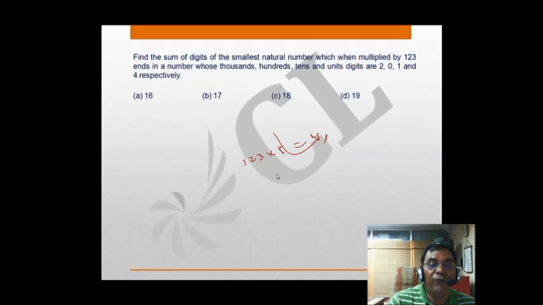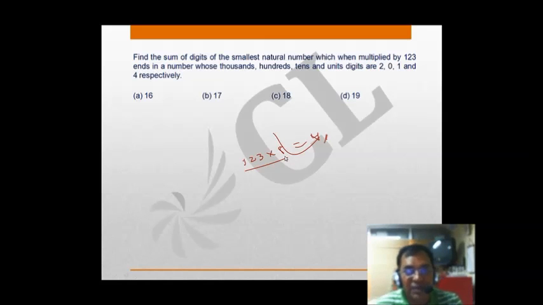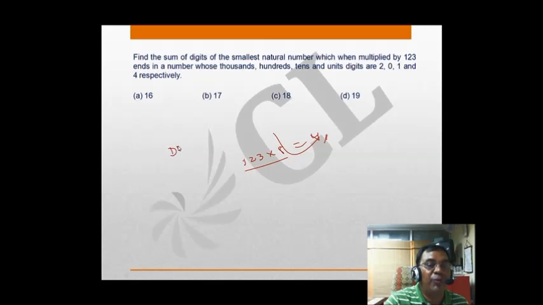I cannot figure it out. I'll have to make a total equation, assume the number to be AX, and I don't think so. Right now, I don't want to put my brains that much. This is again a designer question, and I'm not going to do it. I'm not getting the right way of doing it.